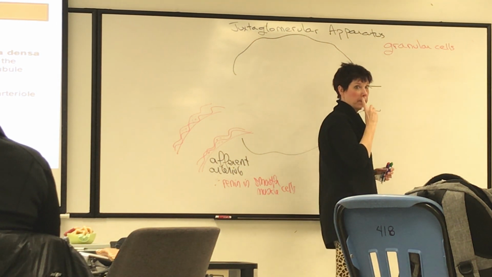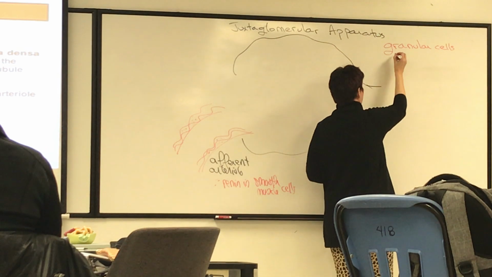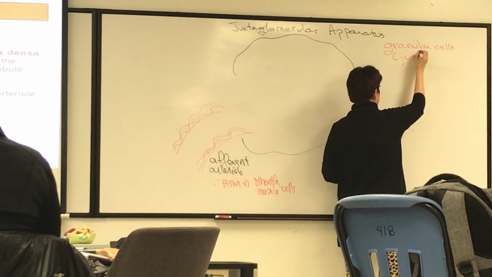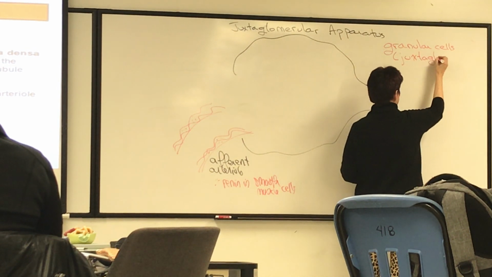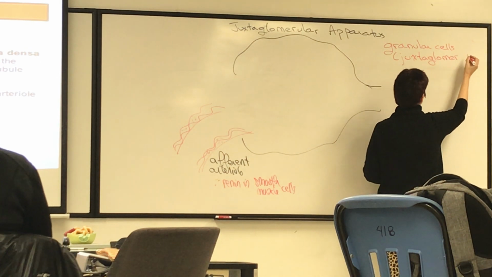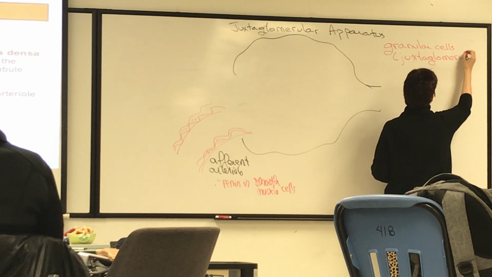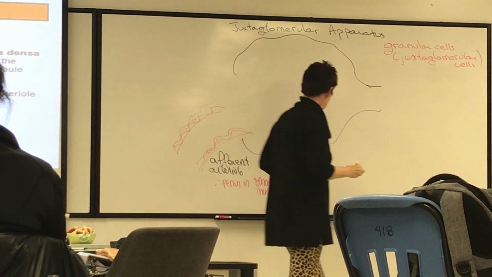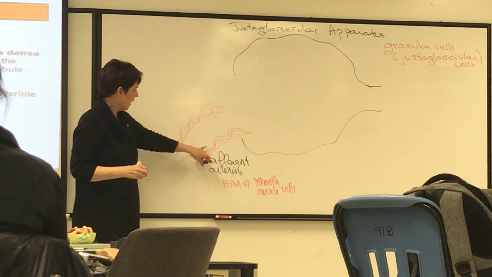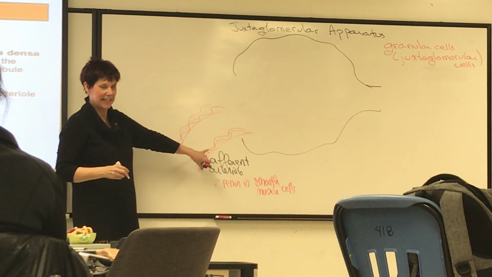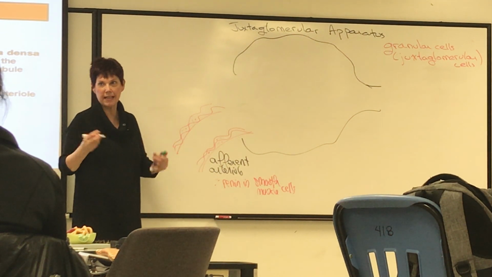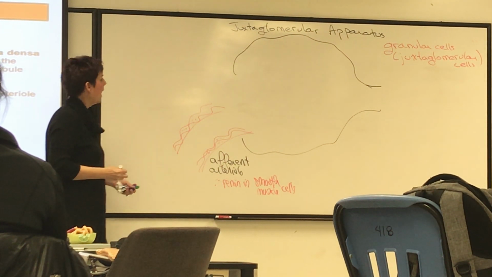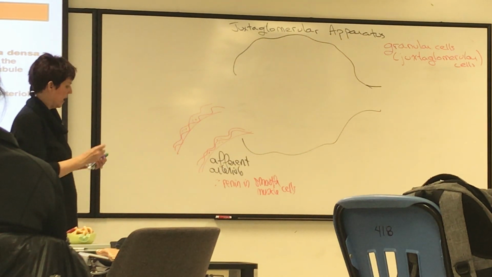The older name, and one that you still might see, is juxtaglomerular cells, but that makes it sound like they're the only cells of the apparatus, and they aren't. So these are smooth muscle cells that contain this renin that, when it's released, starts changing blood pressure relationships.